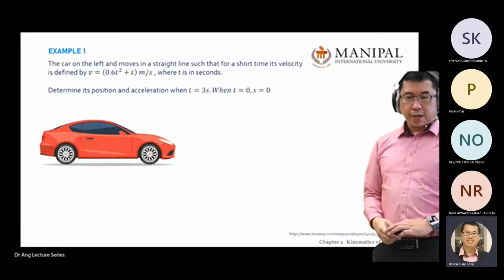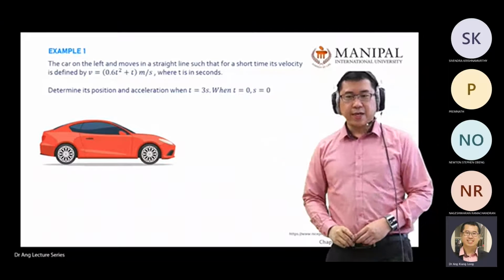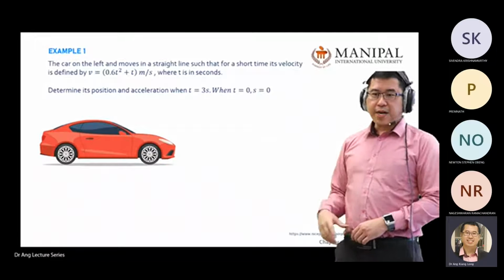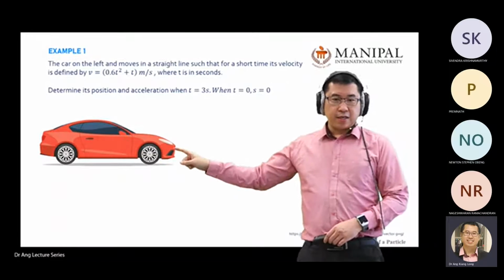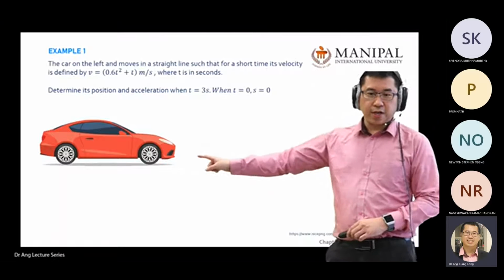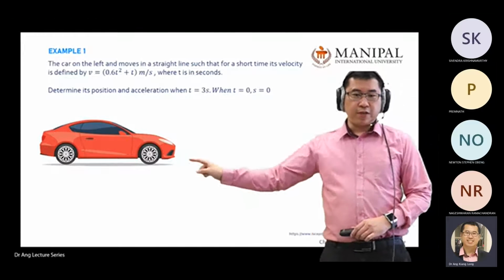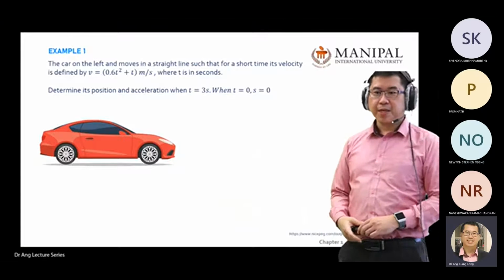Okay, let's see what we have in this question. Now, the car will move from the left in a straight line. Again, we are now in a very basic motion, travel in a straight line.